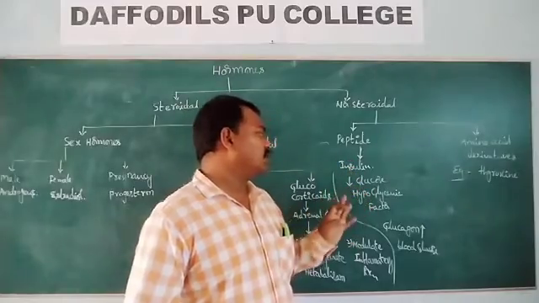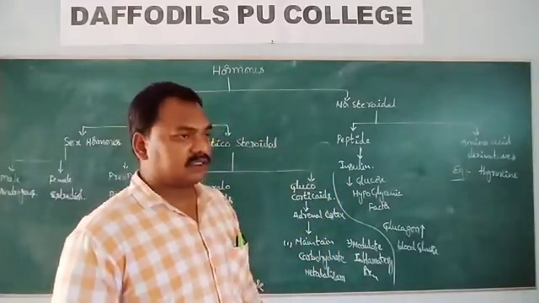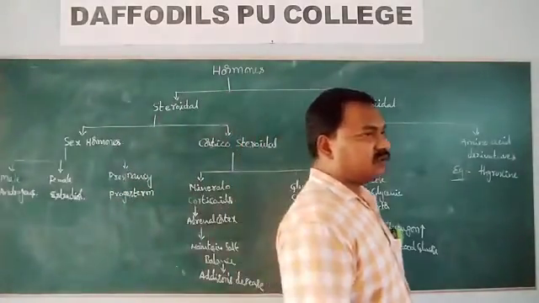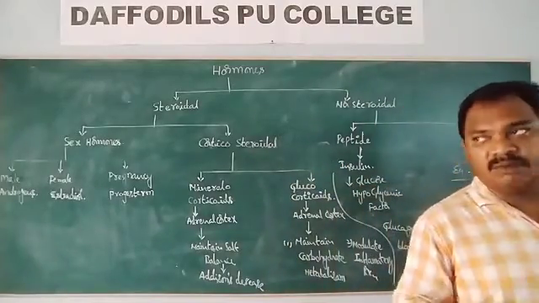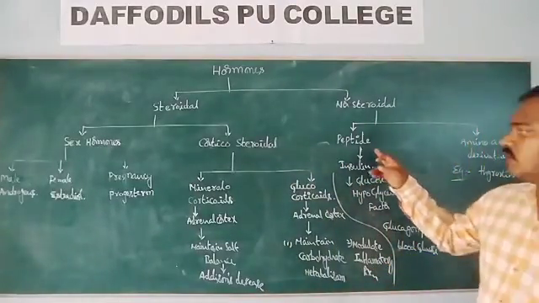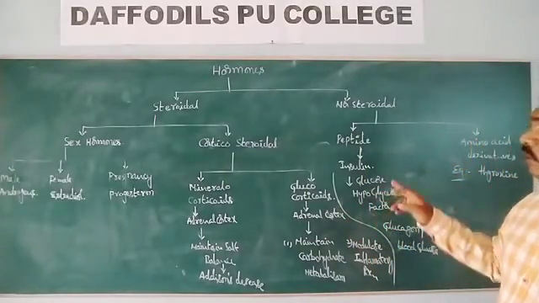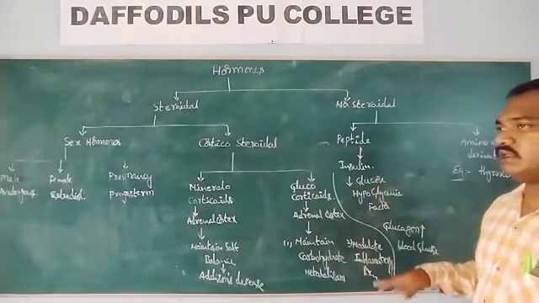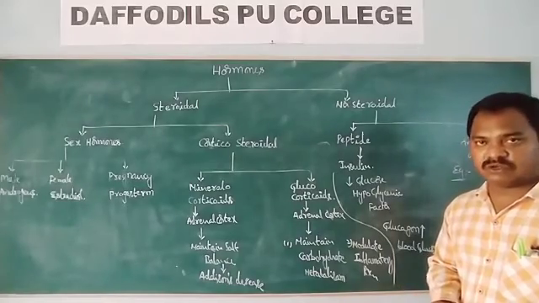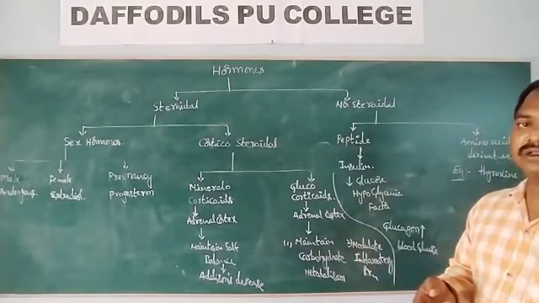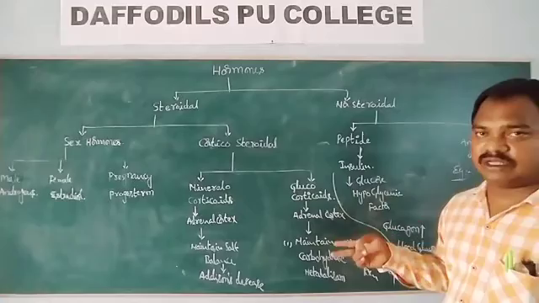Now come to the peptide hormones. Peptide hormones are polymers of amino acids. One example is insulin. In insulin, we can see two peptide chains.